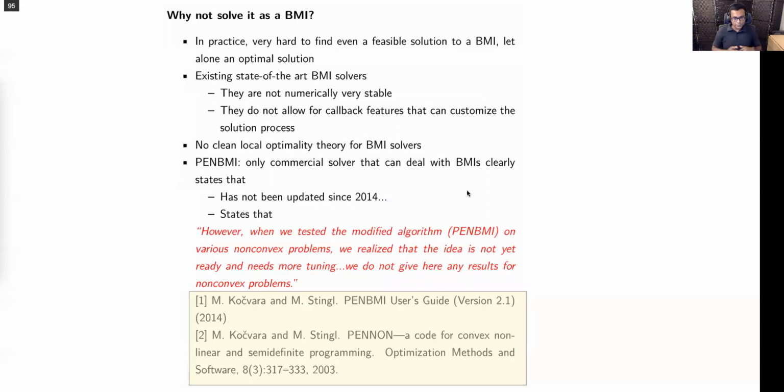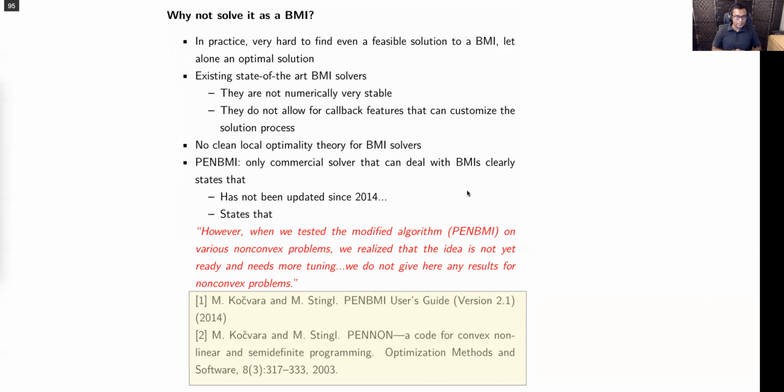Now, one question regarding the formulation could be: why not solve the problem as a bilinear matrix inequality? Even though that is a reasonable path to take, it turns out that the existing state-of-the-art BMI solvers are not numerically very stable, and they do not allow for callback features that can customize the solution process, which we use heavily in our solution algorithm.